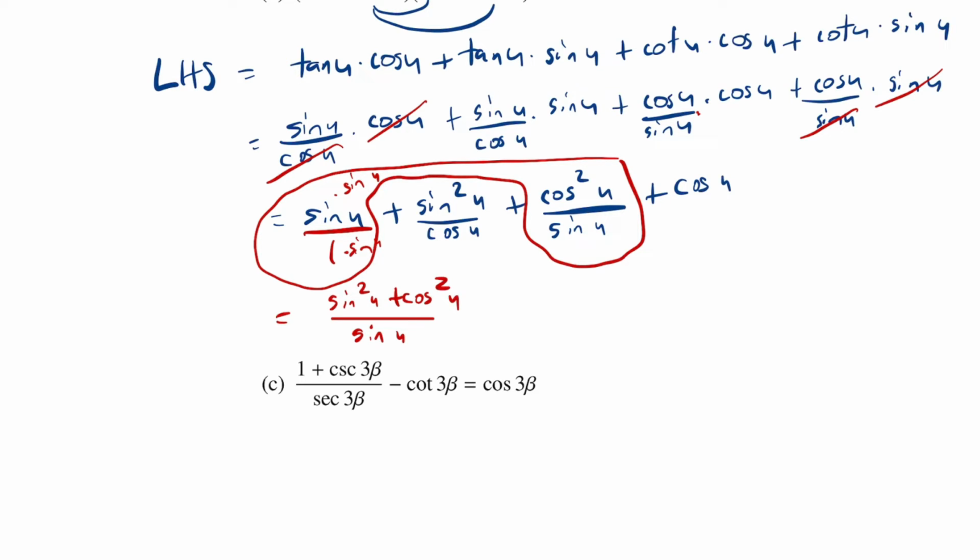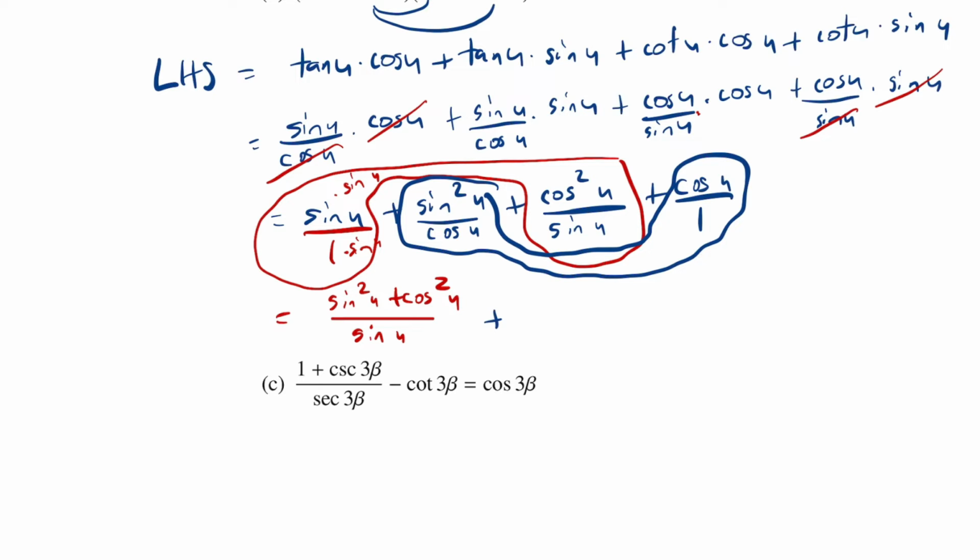All right, now let's group these two together and do the same thing. Put a 1 underneath. The common denominator is cosine, so times cosine u times cosine of u. And we get the same thing, sine squared u plus cosine squared u. In both cases, those are equal to 1 over sine plus 1 over cosine.